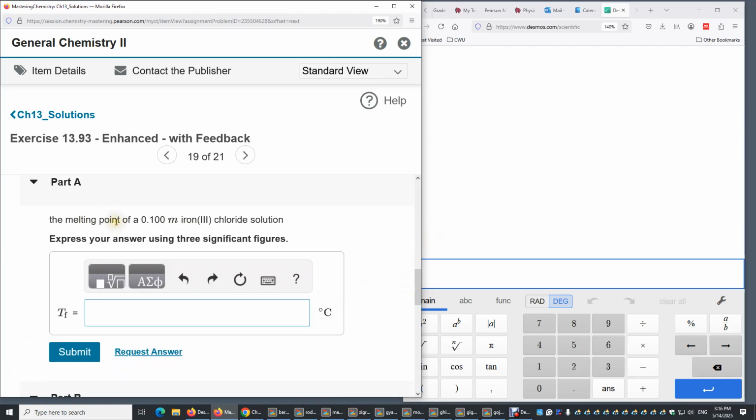Now, the melting point of a 0.1 molal iron 3 chloride solution, what's the freezing point or melting point?